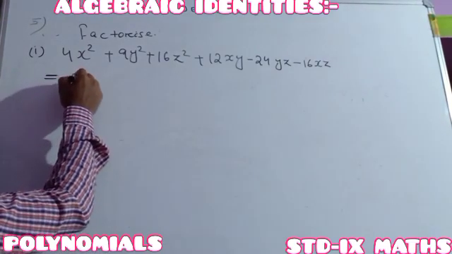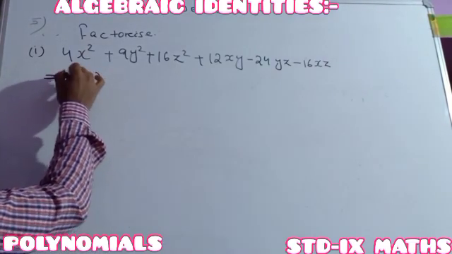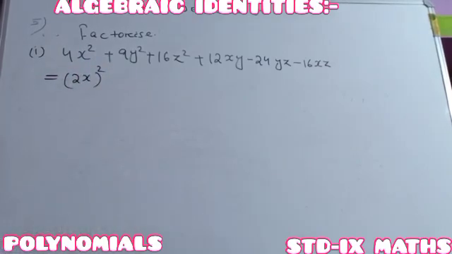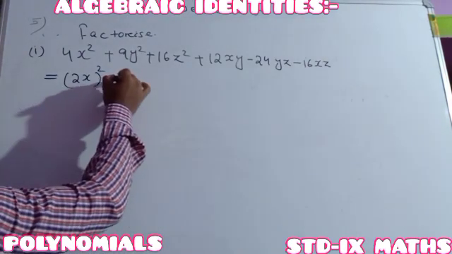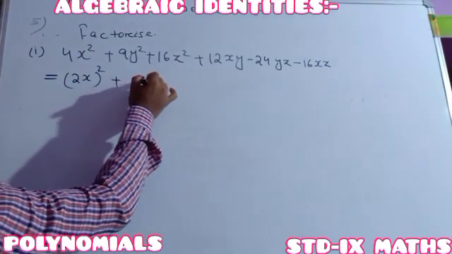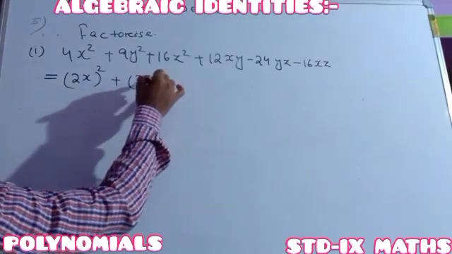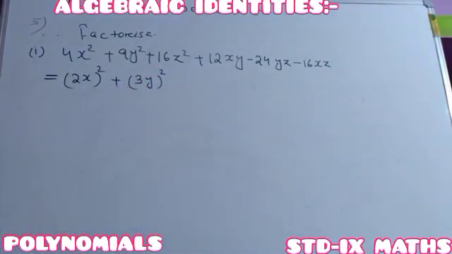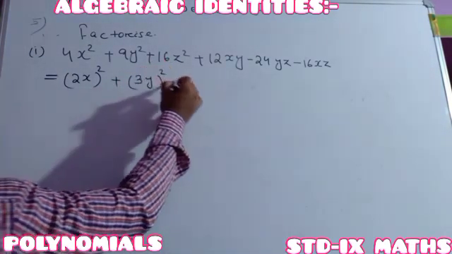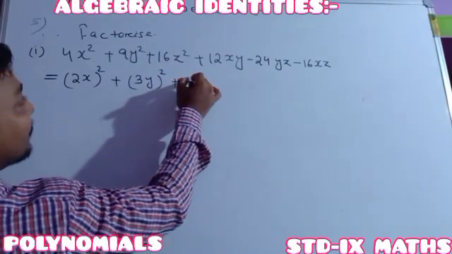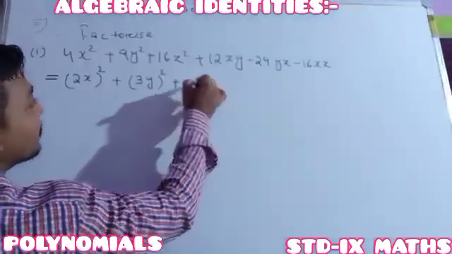It means it can be written in the form of 2x its square. So it means a first term we obtain. Whose square means first term we got. Thereafter 9y square means see 3y whole square. Got. Next one it is 16z square for which it is 4z square.